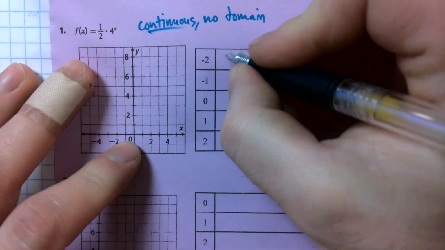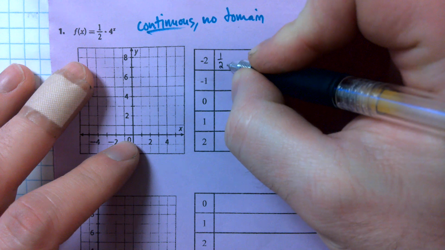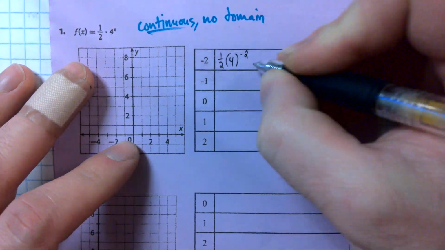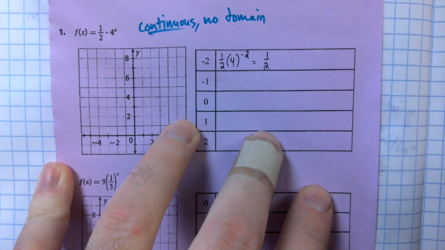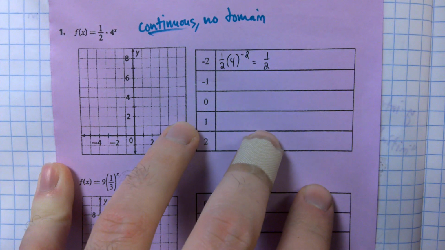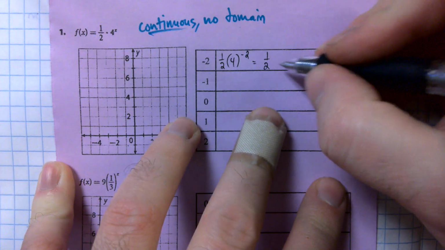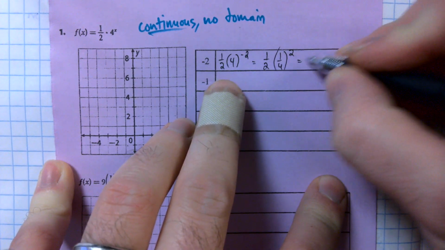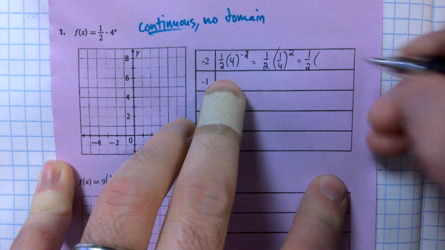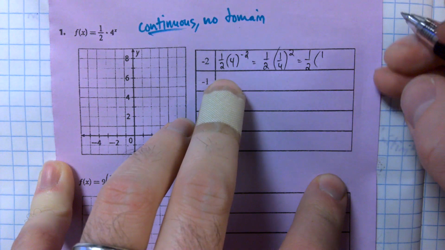Let's start with -2. If I have 1/2 times 4 to the -2, well, what's the reciprocal of 4? Not -4. 1/4. Right? We flip it around. What's 1/4 squared? 1/16.